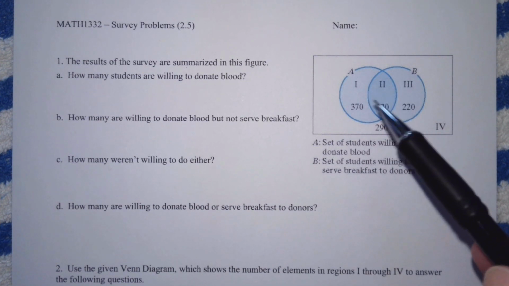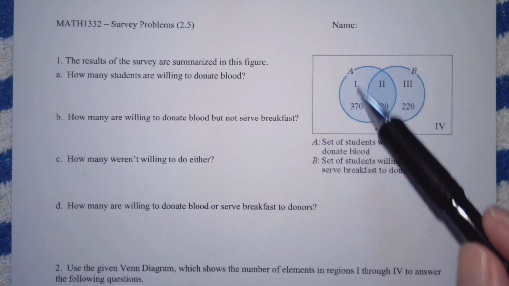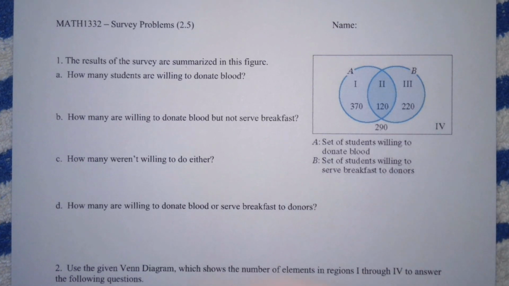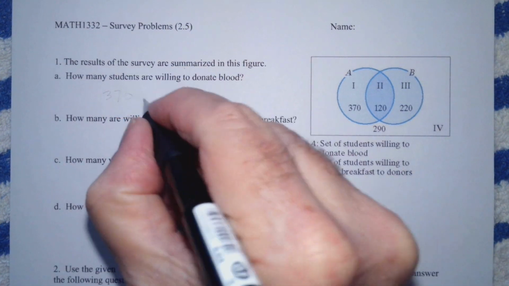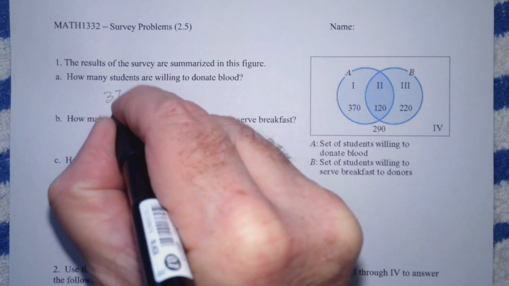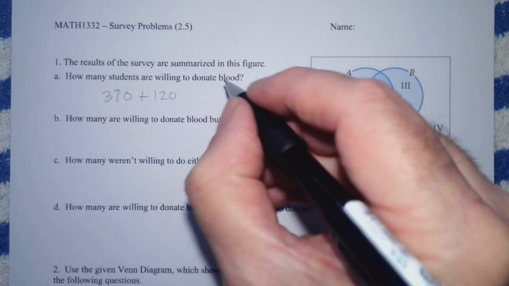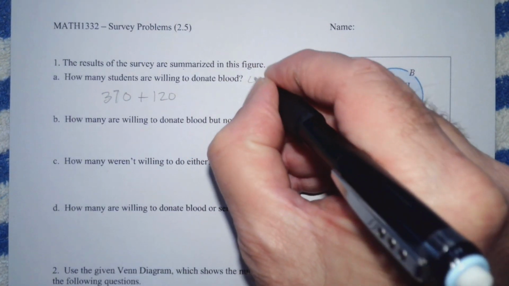Well, you're willing to donate blood if you're in the A circle. So be careful, you include the 370 and the 120. 370 plus 120. And so what is that? 490?